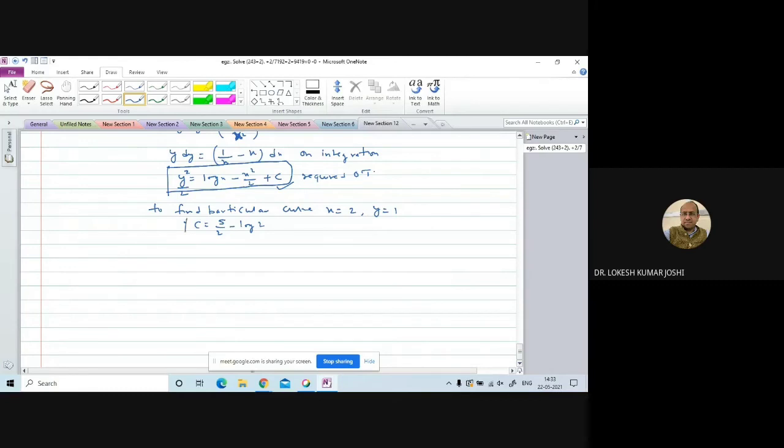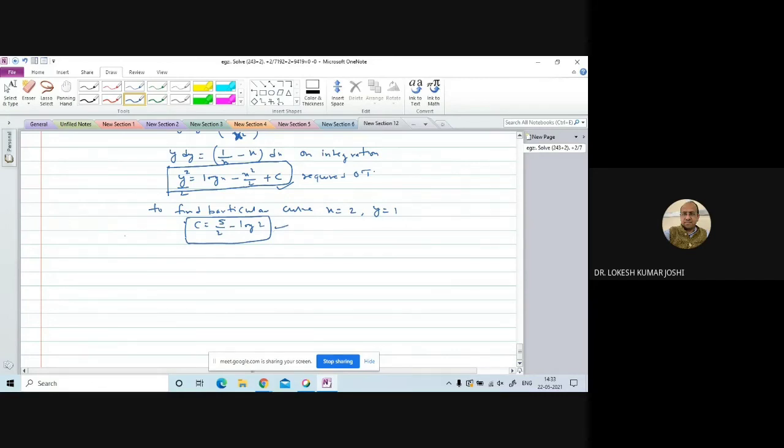This is for you. Try to solve, just substitute x equals 2, y equals 1 in this equation. This one will become log 2, this one will become minus 2, and this one will become 1 upon 2. Then we get c equals 5 upon 2 minus log 2.